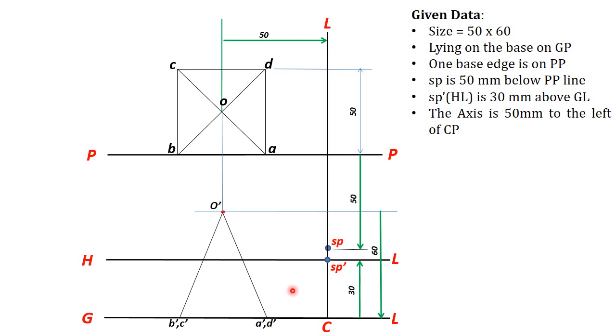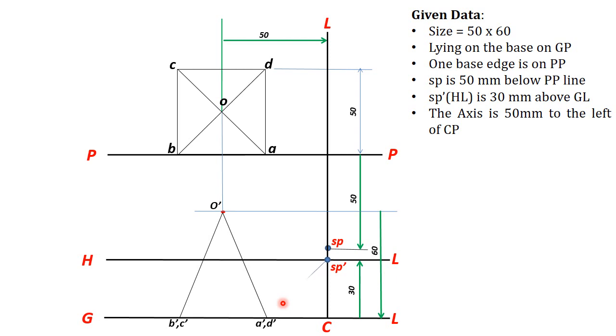So no need to draw the visual rays in front view and top view towards the points A and B, because you can directly mark that perspective point here. The perspective view of the points A and B is its front view itself.